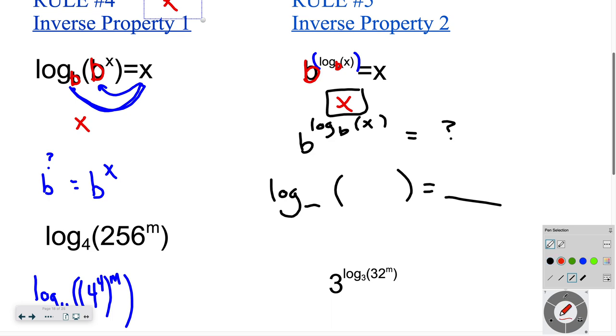So the base of the power, in this case b, is going to transform into the base of the logarithm. And then the log concept is base b raised to this exponent over here. Well, in the power above it, what's the red b being raised to? Log base b of x, right? Make sense? So again, it's base b, the red b here, to the exponent log base b of x, is equal to question mark.